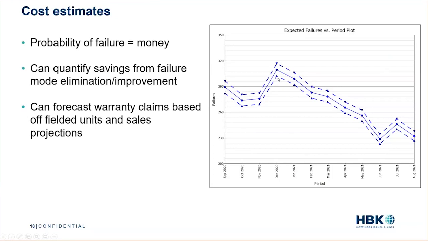We're expecting between 310 and 315 claims in December. This type of plot can also tell us on a month-by-month basis or a quarterly basis how much money we're going to expend due to the reliability characteristics of our product. So this is why we're doing this kind of reliability analysis and the advantage that we get from this reliability analysis on a failure mode level.